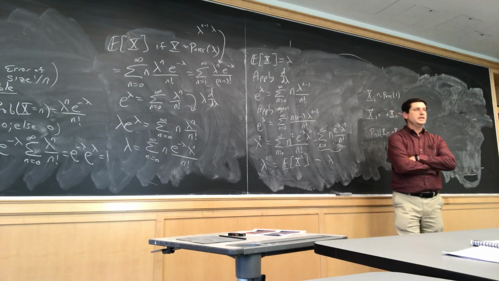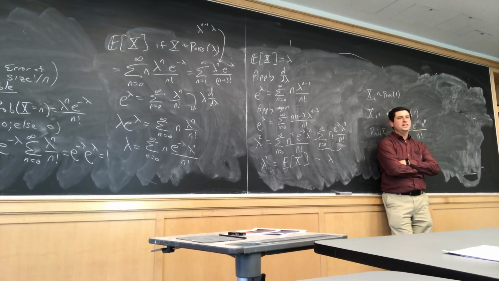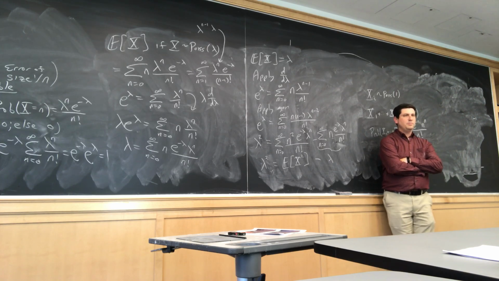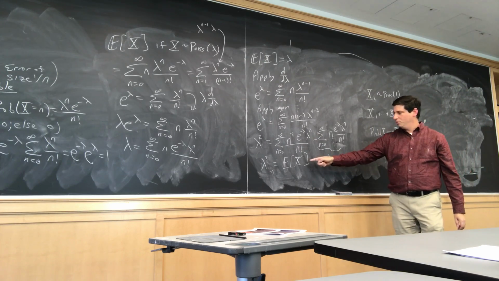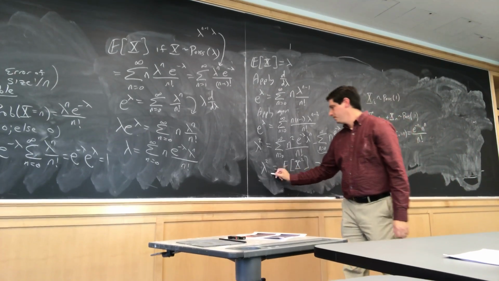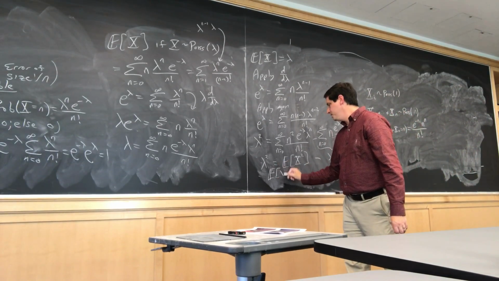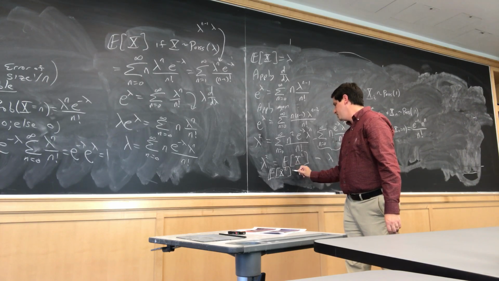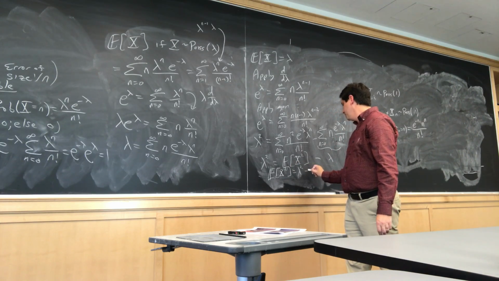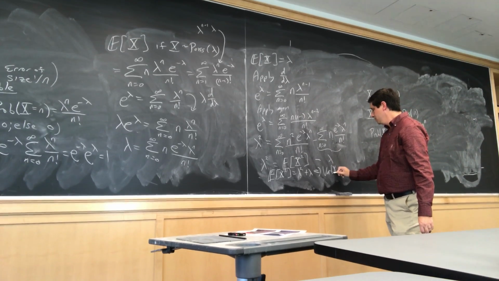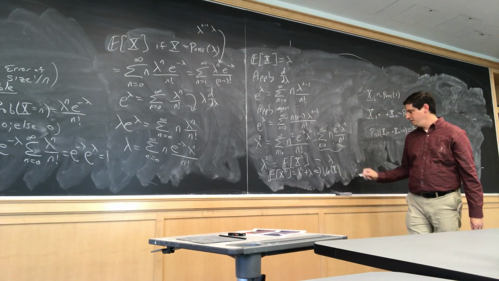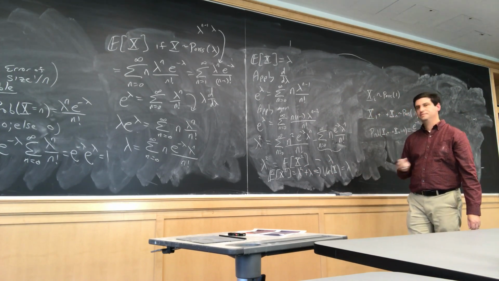So sometimes it's actually easier to calculate not the second moment directly, but something related to the second moment. It just makes the differentiation cleaner. So now we get that the second moment is just going to be lambda squared plus lambda. Therefore, the variance, where we subtract off the square of the mean, is just lambda.